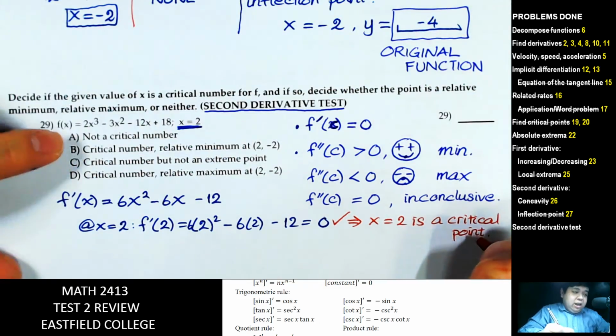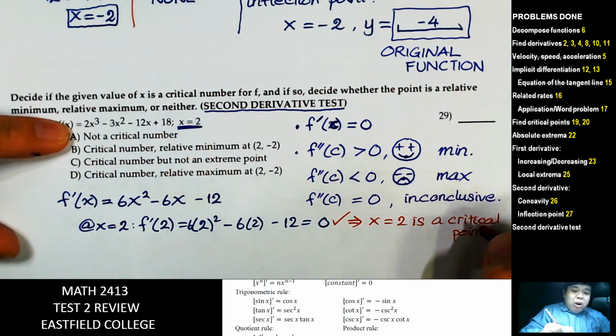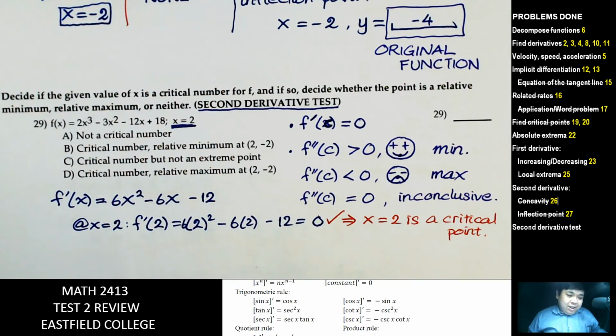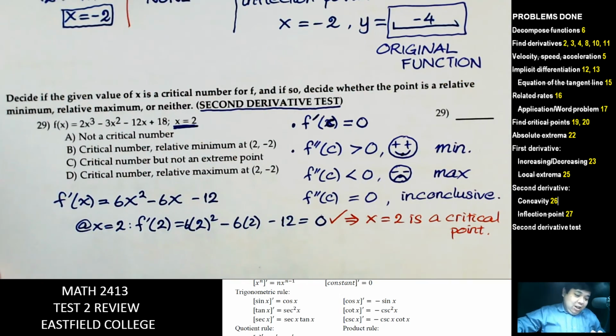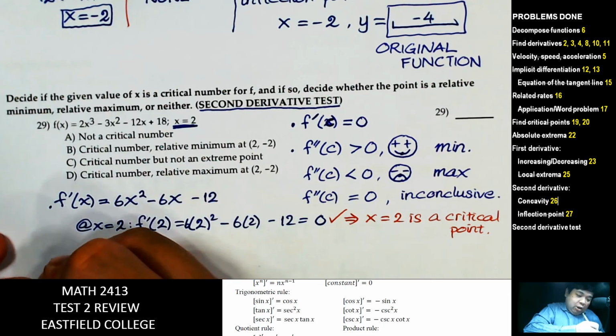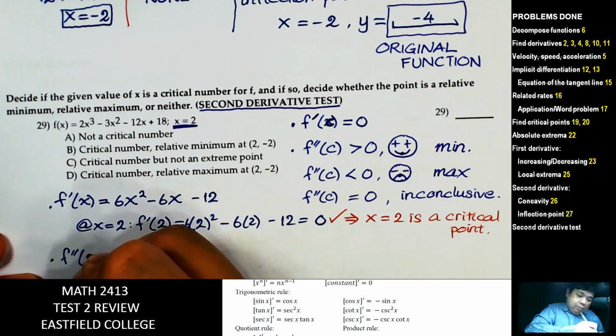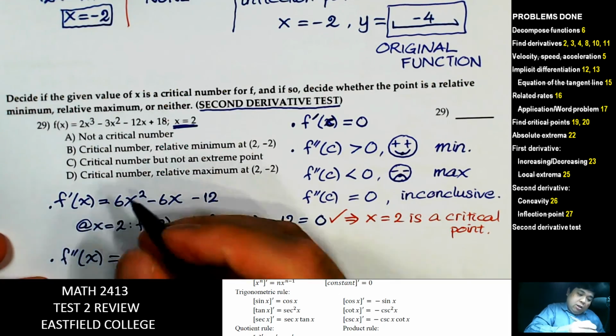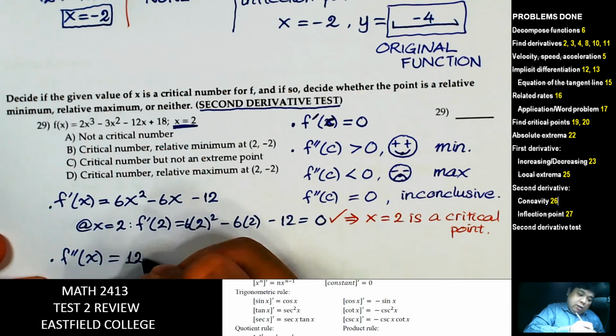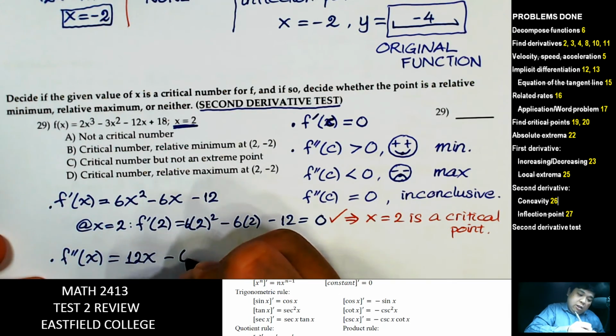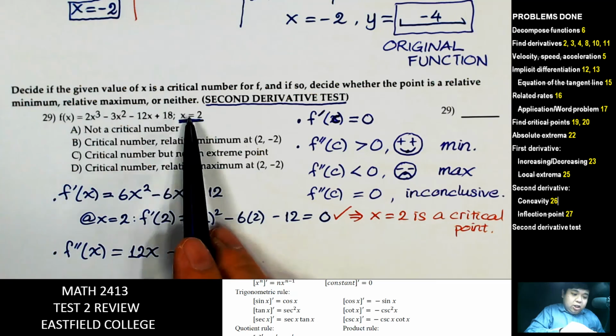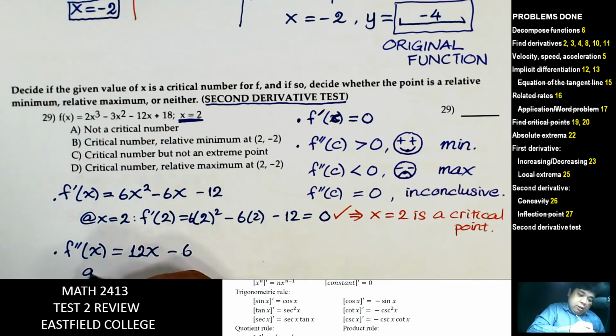If it is not, then we're just going to say it is not a critical number, and the problem is done. We don't need to go any further. Right, now the second derivative is going to be 12x minus 6. Now we're going to put 2 into it.